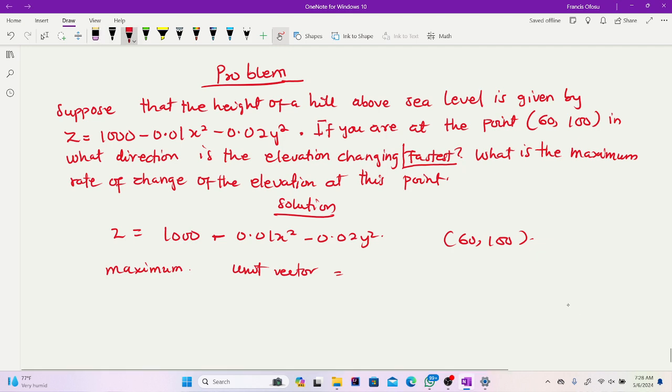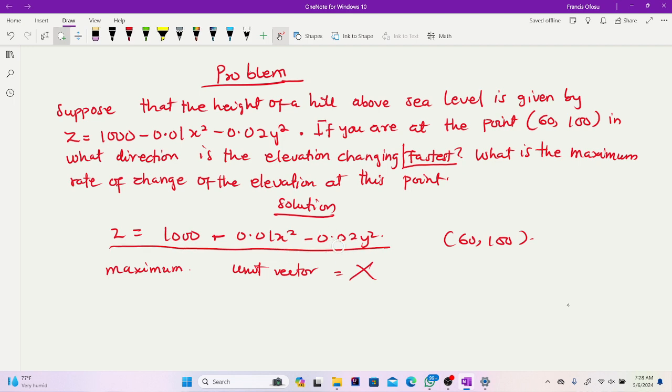So whenever they say find the maximum value, we don't need a unit vector. We are only interested in our partial derivative, because it's assumed that there will be a maximum change provided the unit vector yields a result of 1.